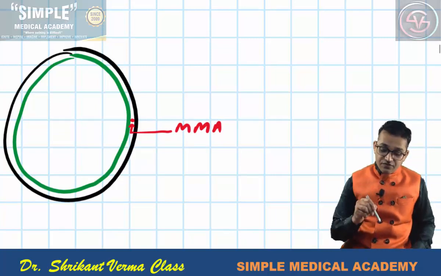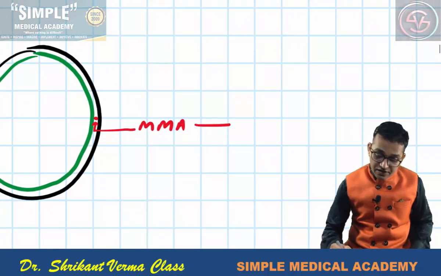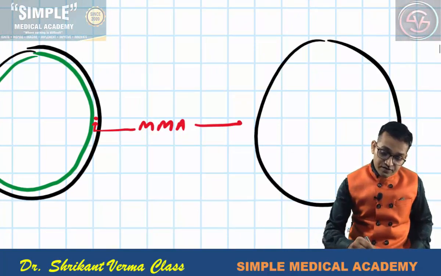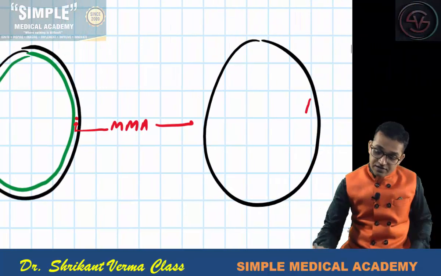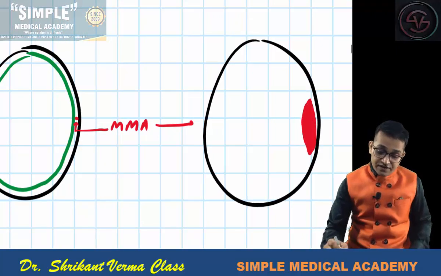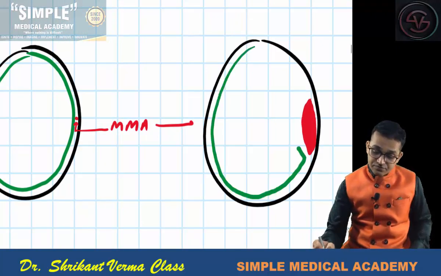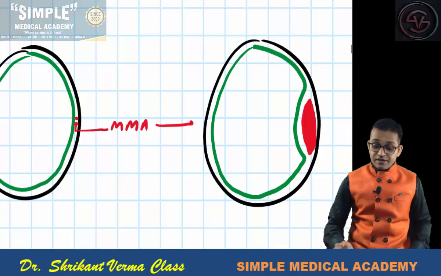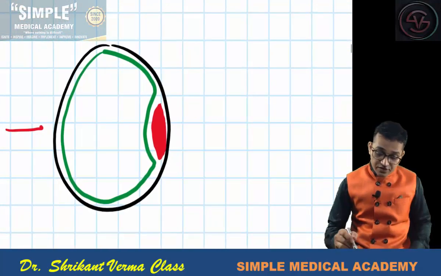If there is a fracture of this part and rupture of this artery, then what will happen? In case of the rupture, this artery bleeds outside the dura mater, so it is lifting the dura mater layer, and blood is accumulated in such a way.